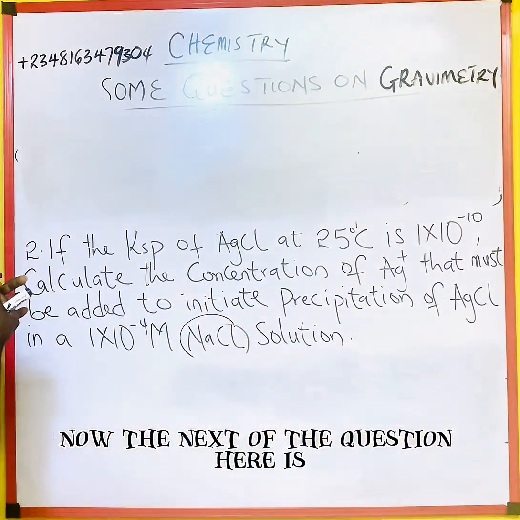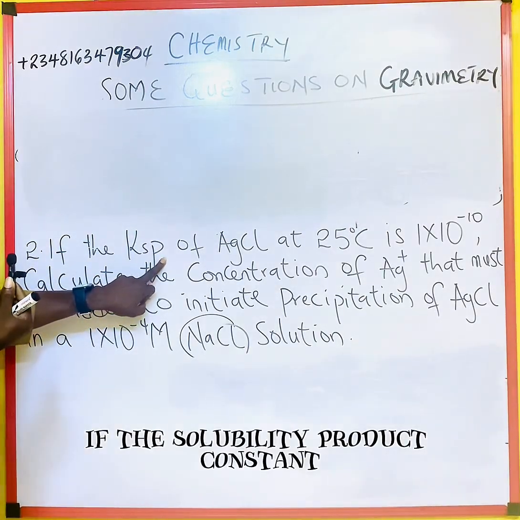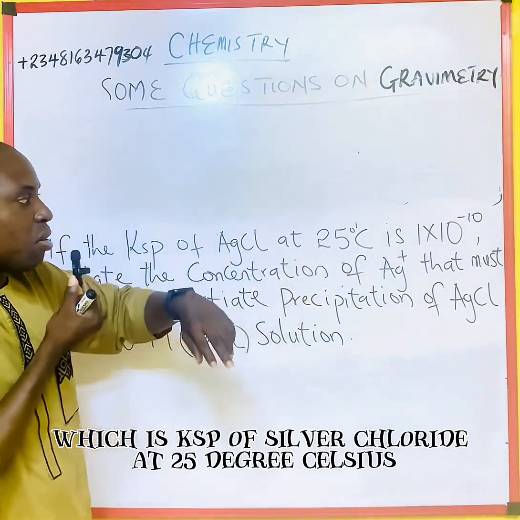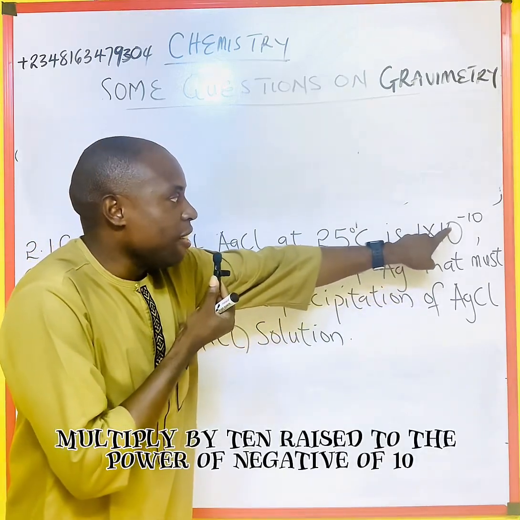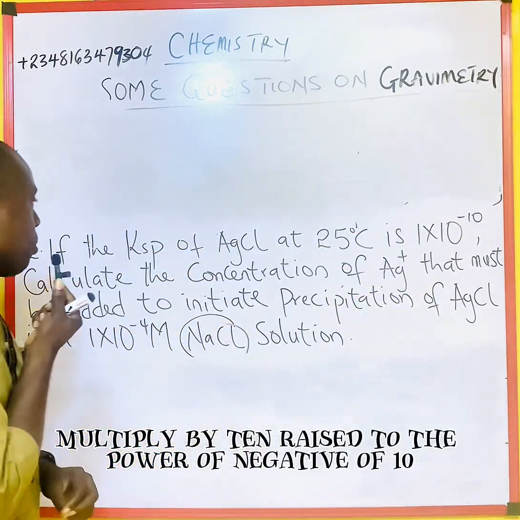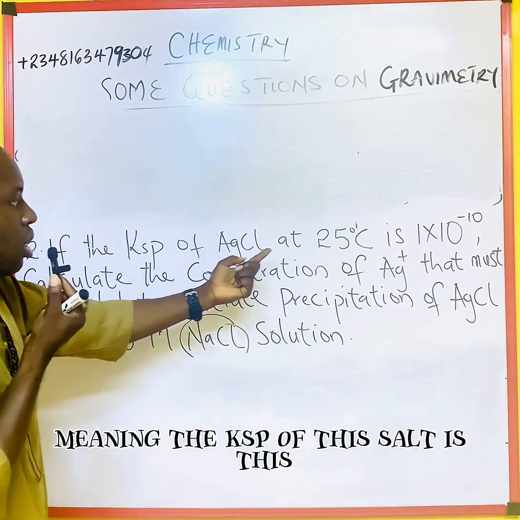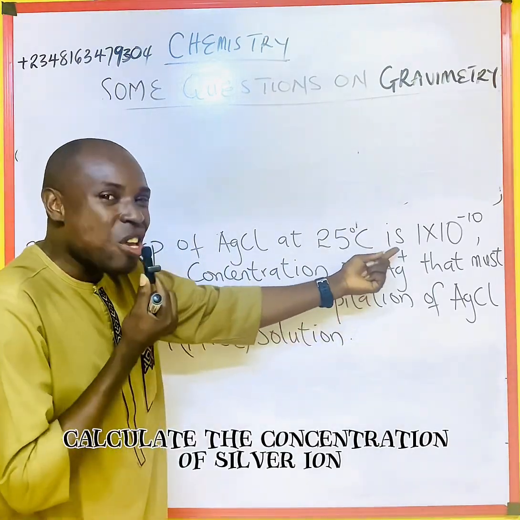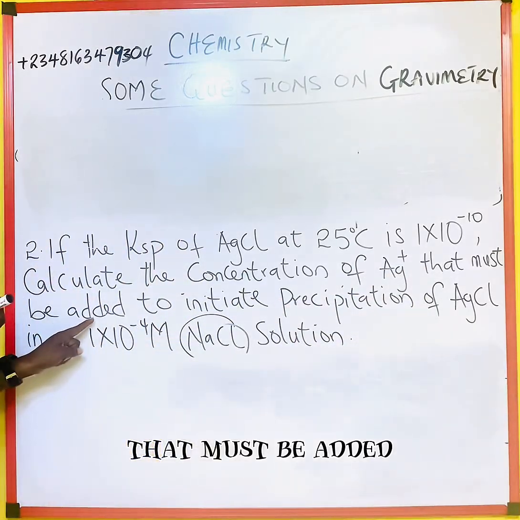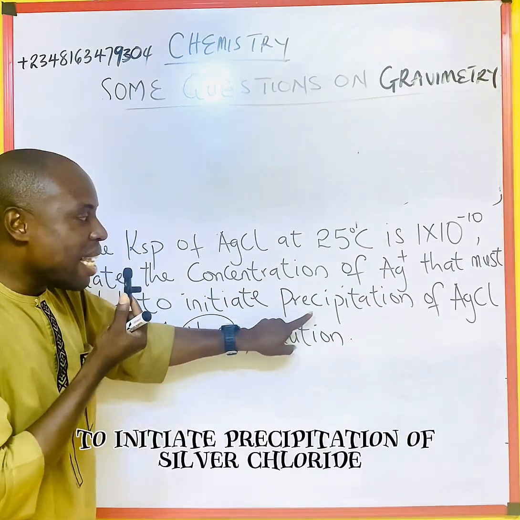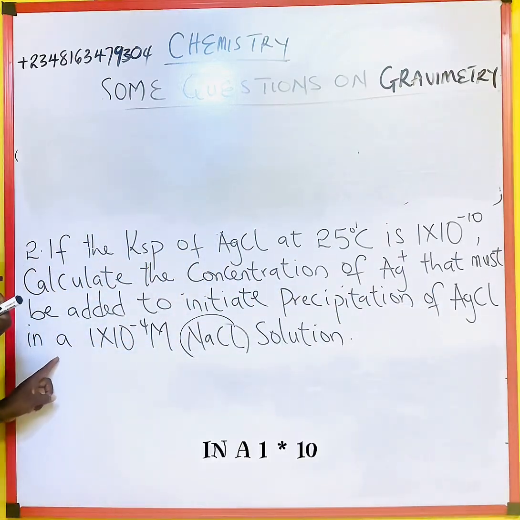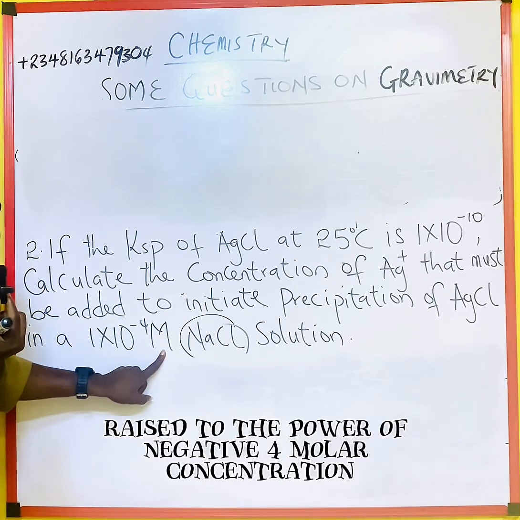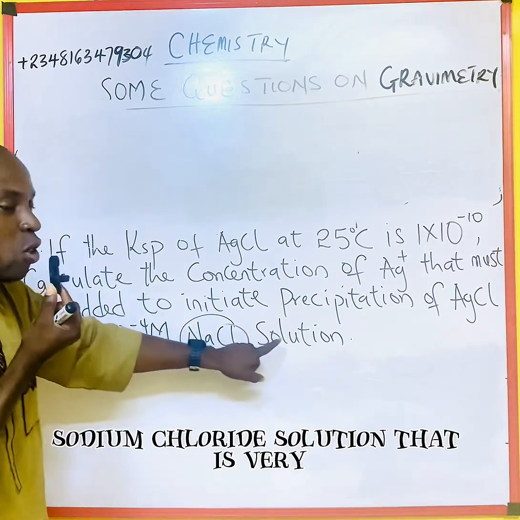Now, the next question here is: if the solubility product constant, which is KSP, of silver chloride at 25 degrees Celsius is 1 multiplied by 10 raised to the power of negative 10, meaning the KSP of this salt is this, calculate the concentration of silver ion that must be added to initiate precipitation of silver chloride in a 1 times 10 raised to the power of negative 4 molar concentration sodium chloride solution.